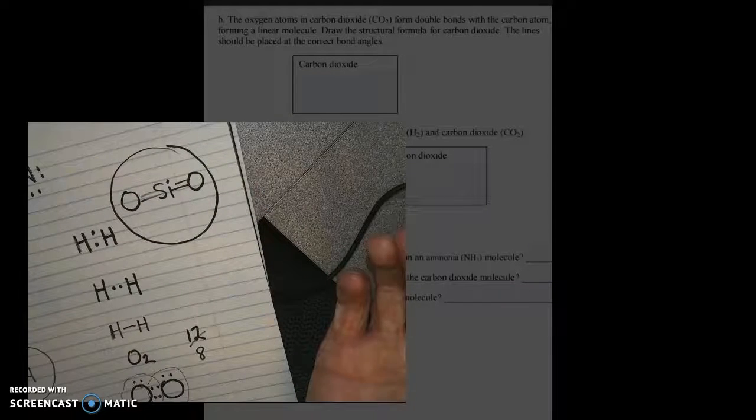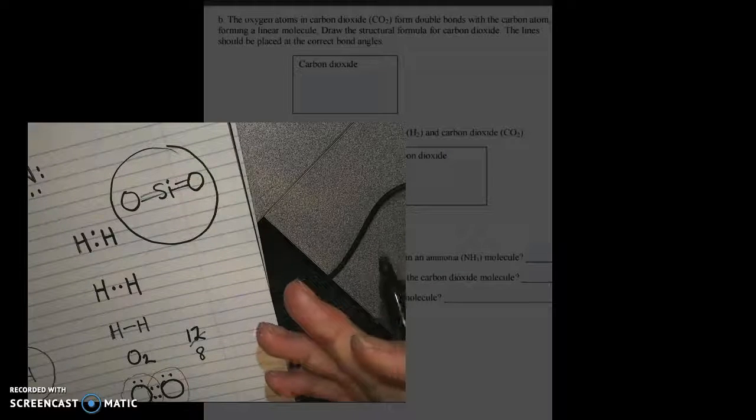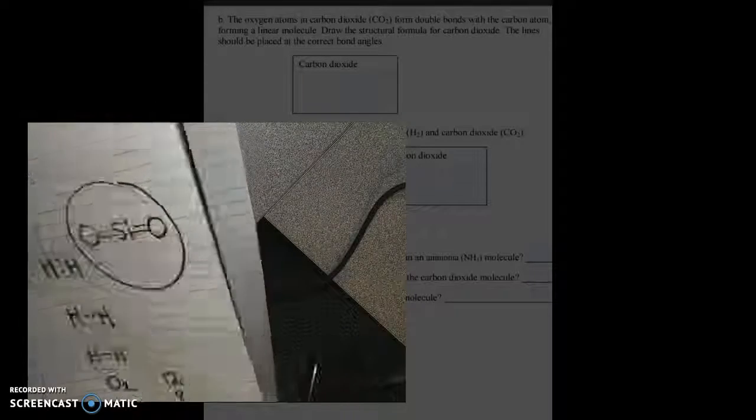But that doesn't always work because it depends on how those electrons are distributed. And some molecules, like water, for example, have the electrons unevenly distributed, and that leads to slightly different bond angles.